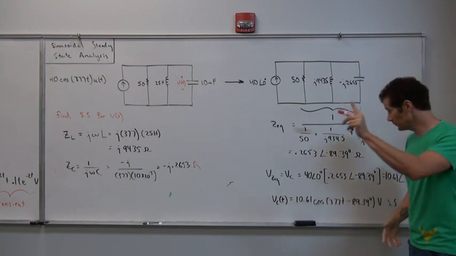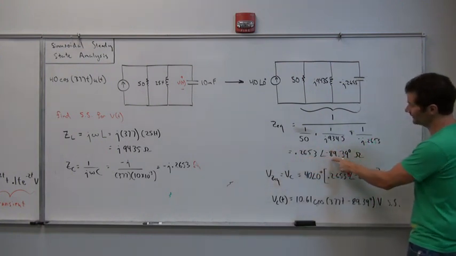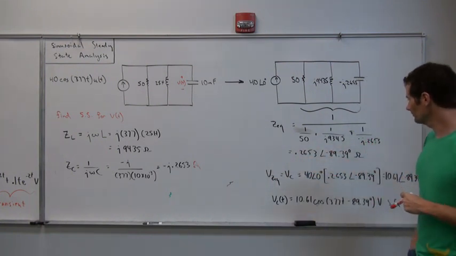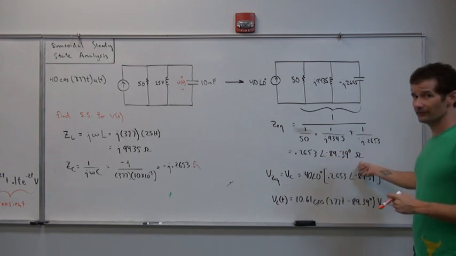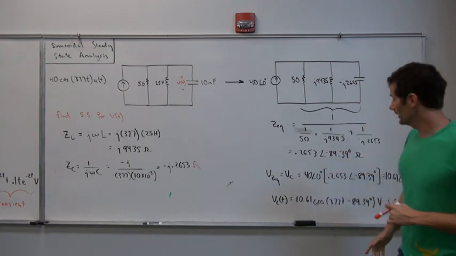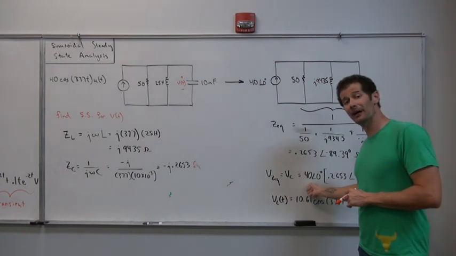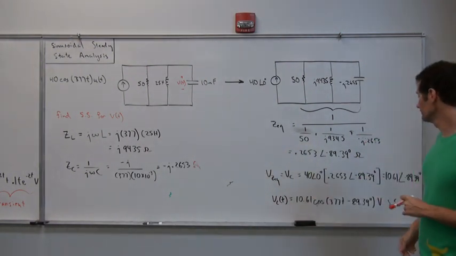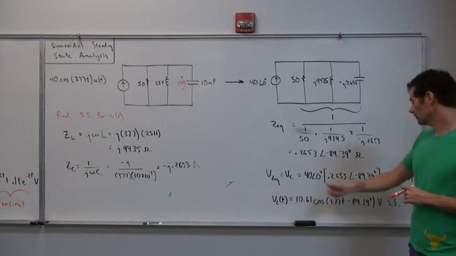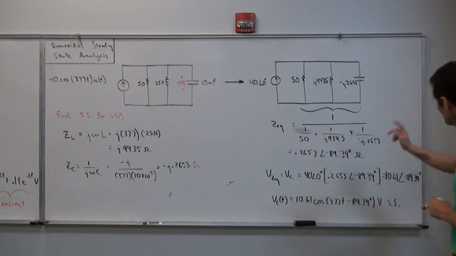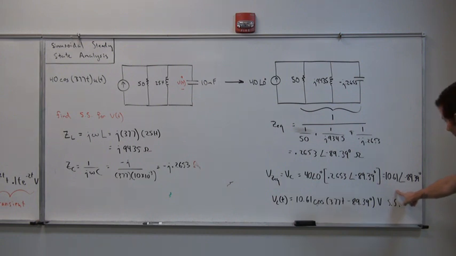That comes out to 0.2653 at an angle, which looks very familiar, of negative 89.39 degrees ohms. We multiply that by 40 at an angle of 0 degrees, and that current multiplied by that impedance gives us 10.61 at an angle of negative 89.39 degrees.